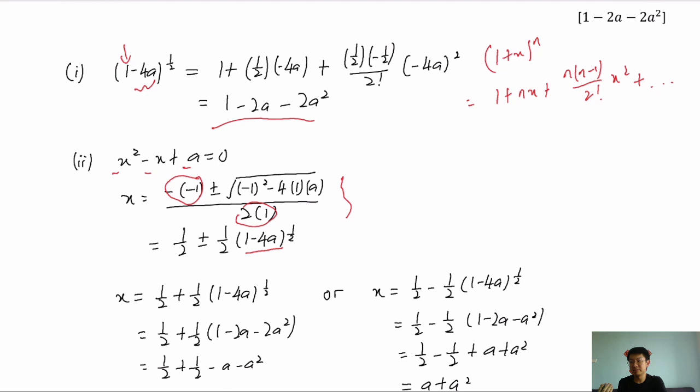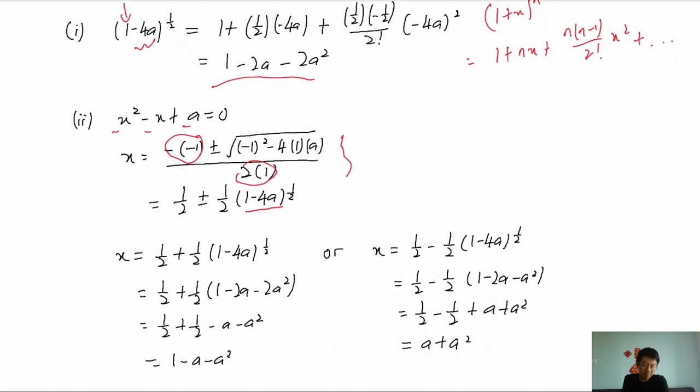Since it is a square root, we have this expression to the power of half, so that will be our (1 − 4a)^(1/2). Because we have got this result from the first part, we just have to separate into two values, one for the positive and the other for the negative.